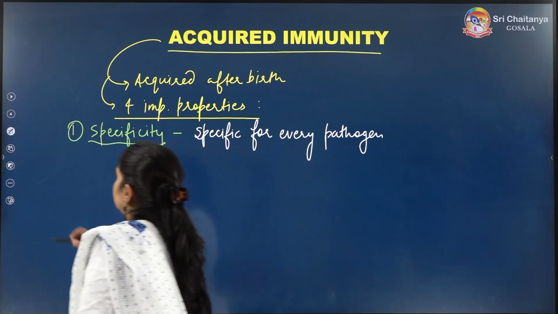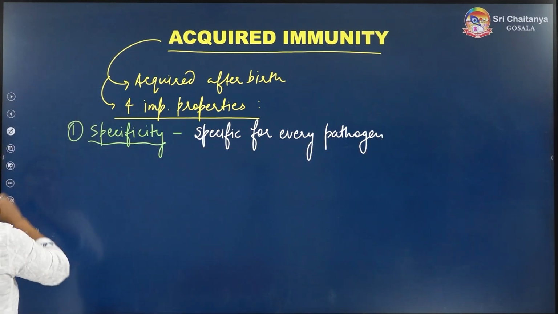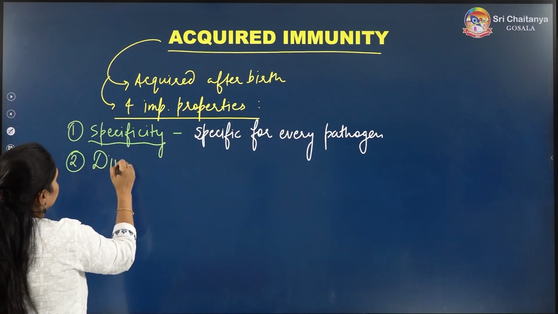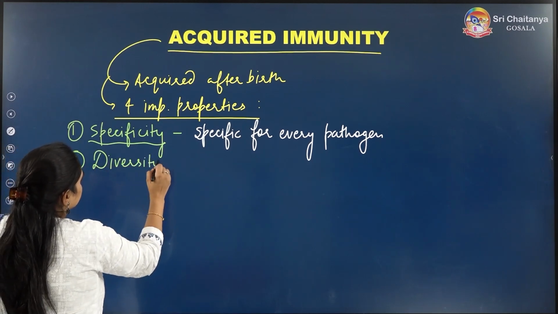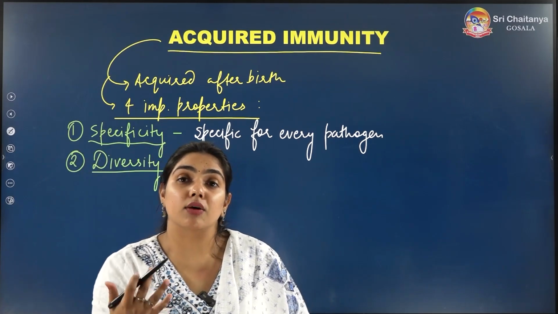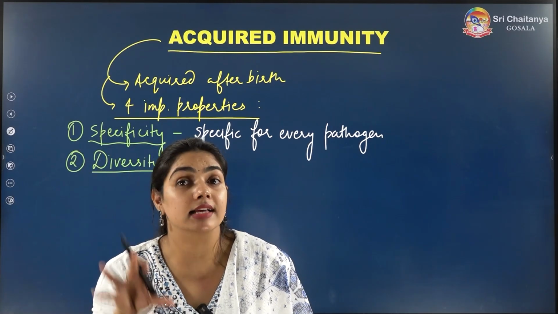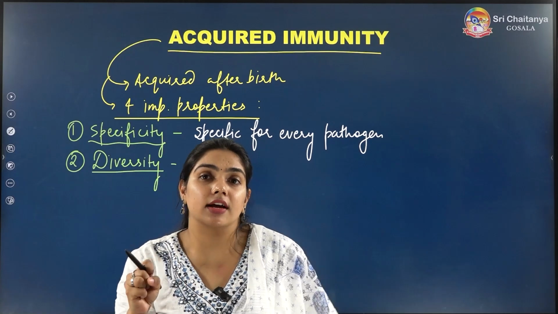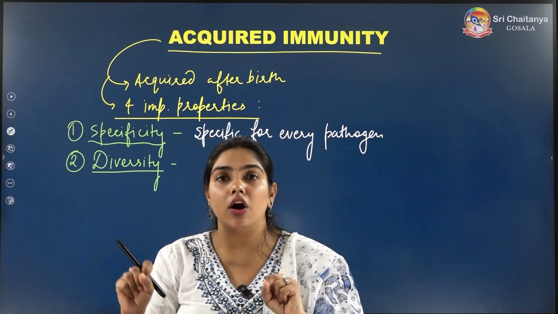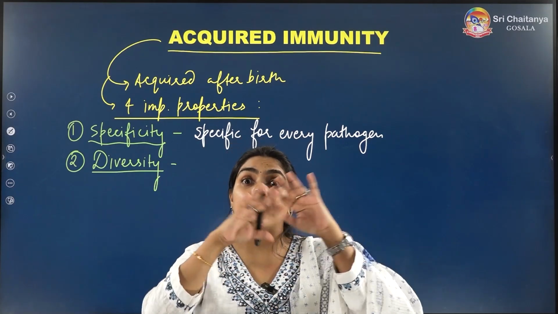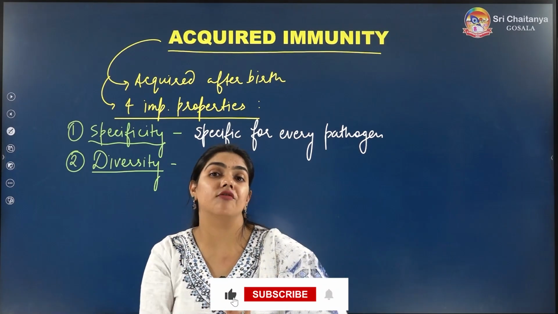Now, talking about another property, that is diversity. There is a variety. It's not like acquired immunity can only recognize a few types of pathogens, okay? It's not like it can recognize only a few types of bacteria or a few types of viruses, no. It can recognize a variety, a diversity of pathogens.